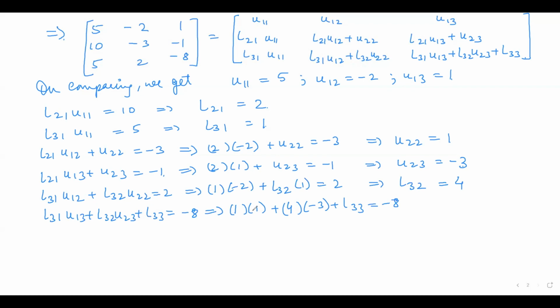It goes to the other side and becomes plus. Sorry, it would be U33, not L33. So U33 is 11 minus 8, that is 3. So these are all my values, and you can box them.